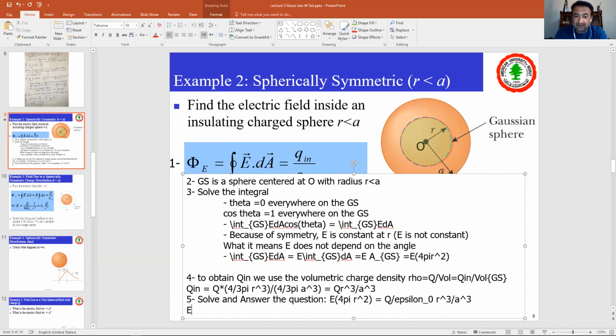Okay? So what this gives me now is the electric field. My electric field E is equal to 1 over 4 pi epsilon 0, multiplied by capital Q, multiplied by R squared and R, divided by A to the power 3. That is my solution.